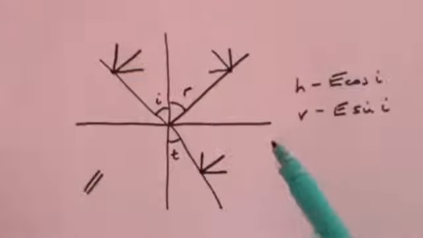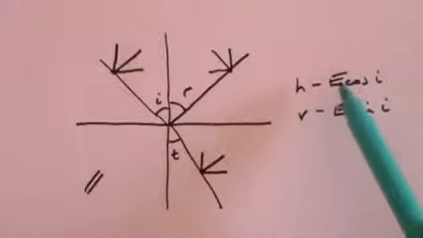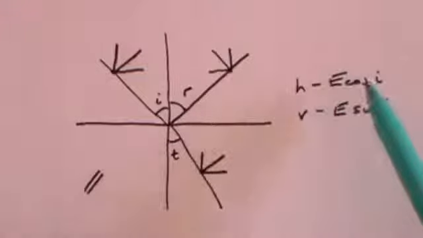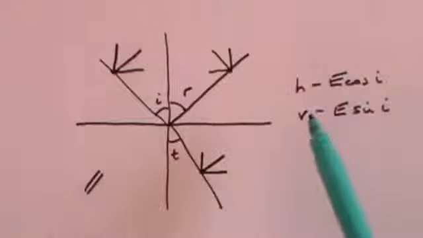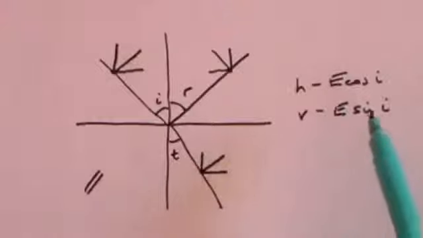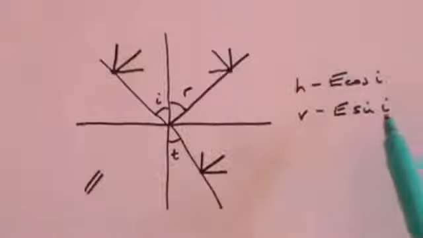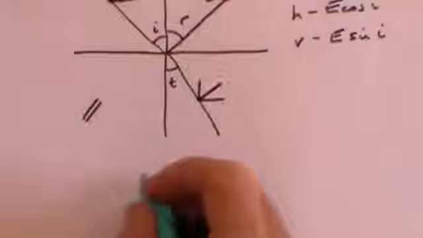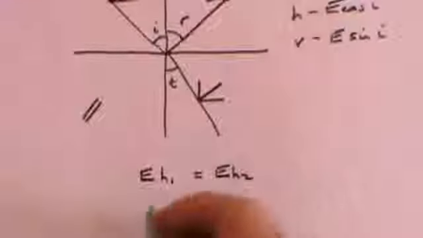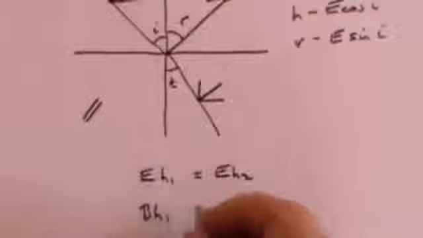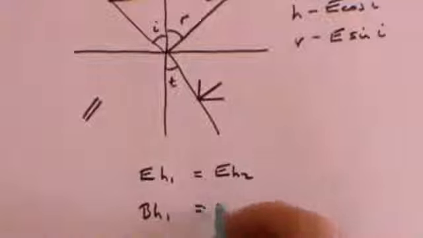And just as before, we can say that the horizontal component will be the respective E vector times the cosine of the angle, in this case of incidence, but it could be of reflection or transmission. And the vertical component is E times the sine of that angle. And I just remind you again of the boundary conditions that are relevant here, that EH1 equals EH2 and BH1 equals BH2.